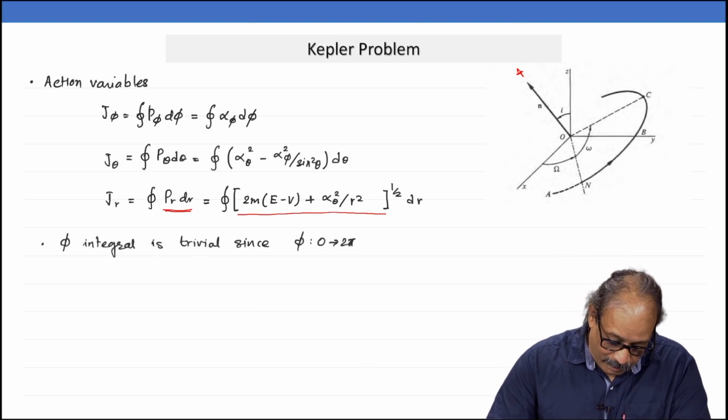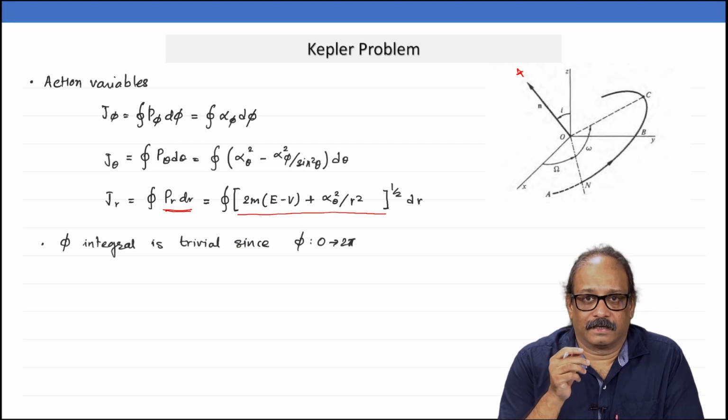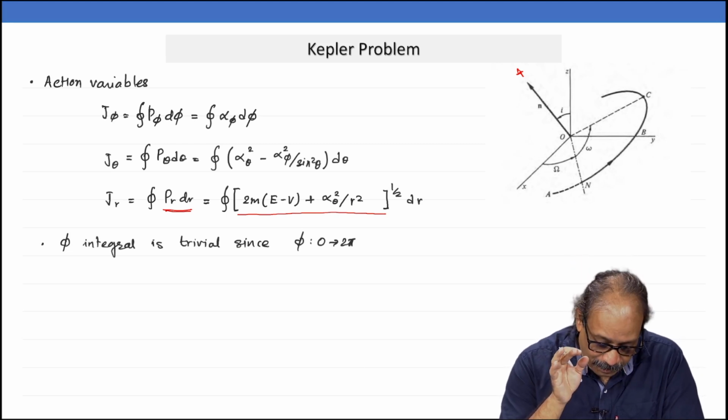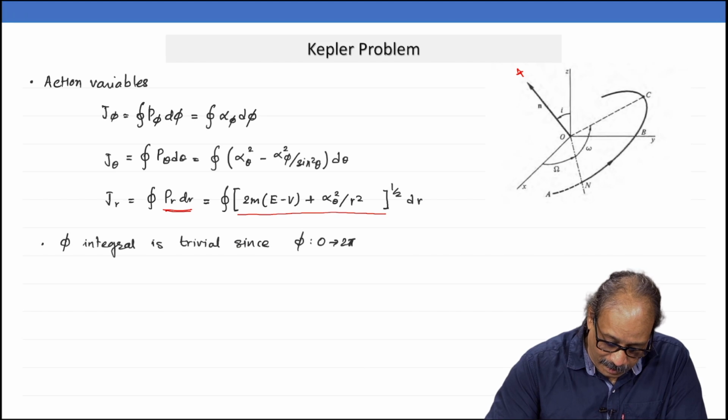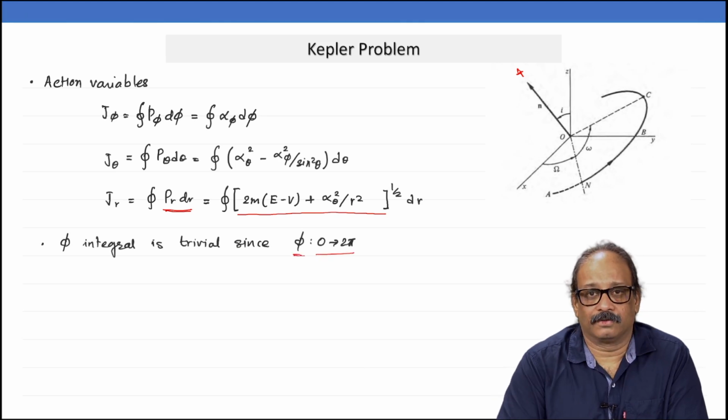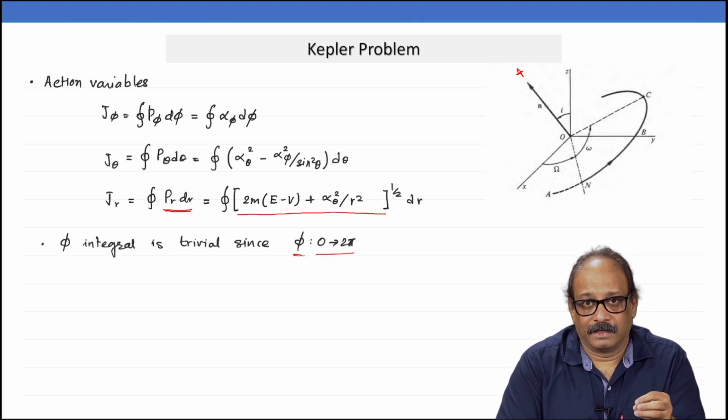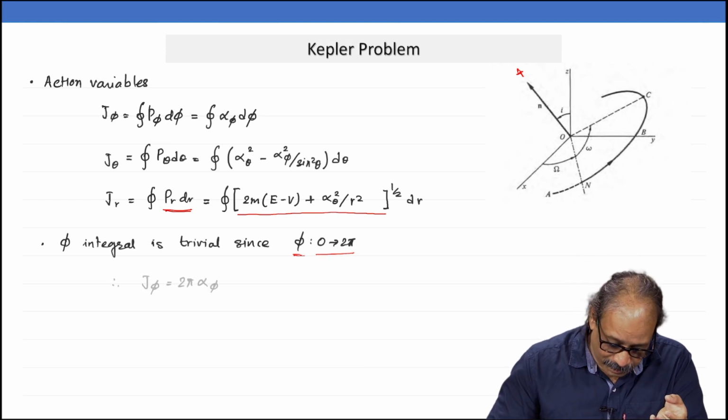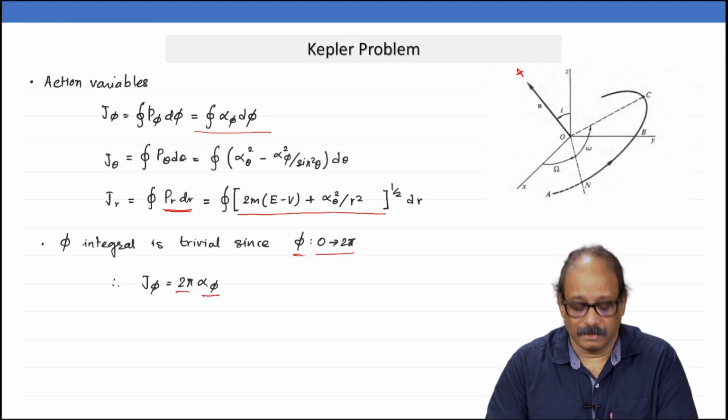Okay. So, the first integral of course is very straightforward, because the angle phi varies from 0 to 2 pi, that is one cycle, and integrand is just constant. So, I will do that integral straight away, it is going to be 2 pi times alpha phi. Okay.